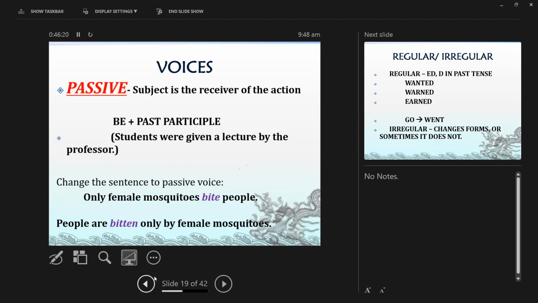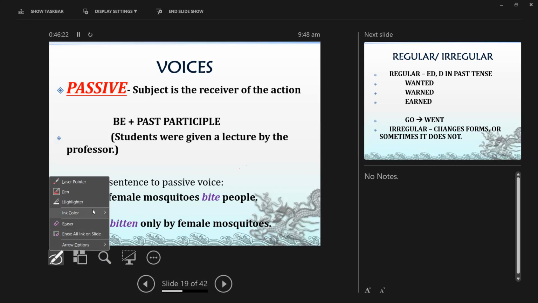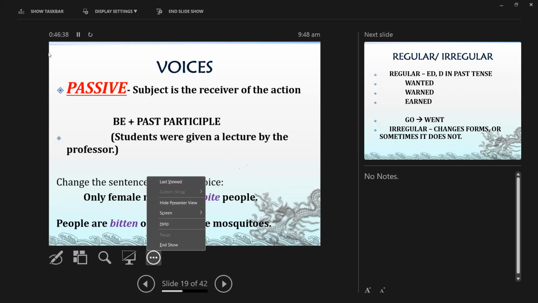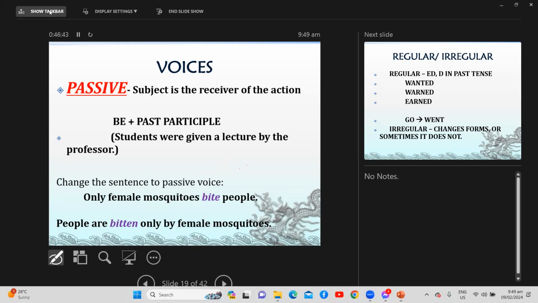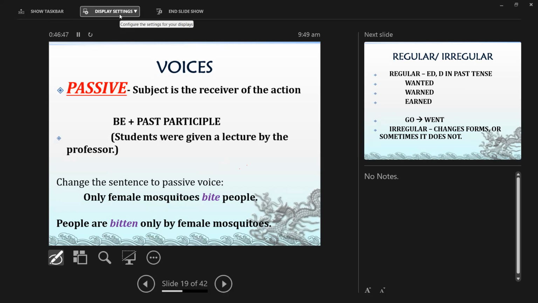Okay, I think I should give another example. Kasi hindi ako marunong maglagay ng ano. Like, I want to put a text box in here. I don't know how to put a text box. Okay. So let's figure out how to put a text box. Show taskbar. Ayan, show taskbar. Pen and laser pointer.